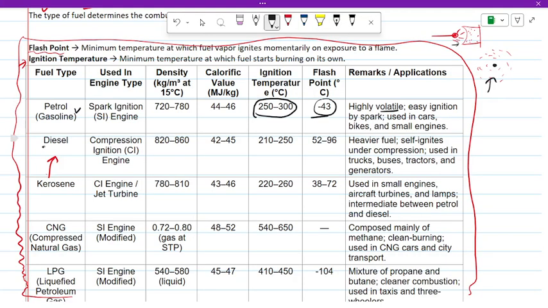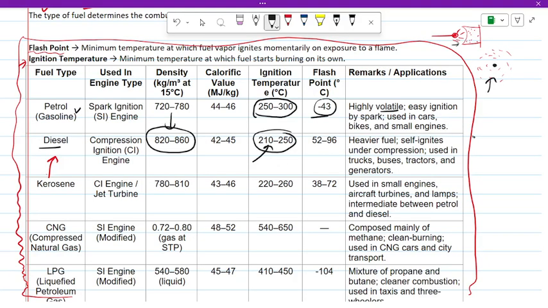For diesel, the density is higher than petrol, you can see, and it does not vaporize to mix into the air, meaning it is not easy to mix with air. So we need air separately to increase the temperature of the environment of the diesel. You can see the ignition temperature is lower, but we need high compression to increase the temperature up to this point.